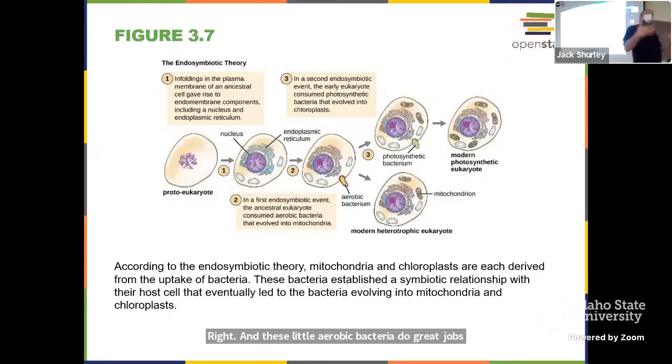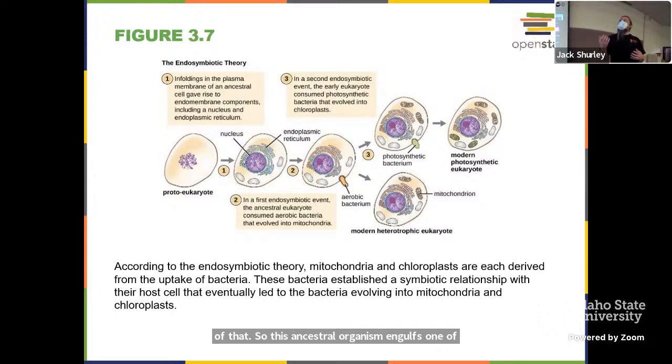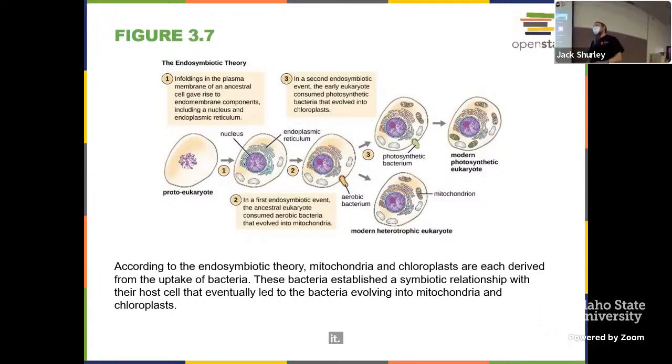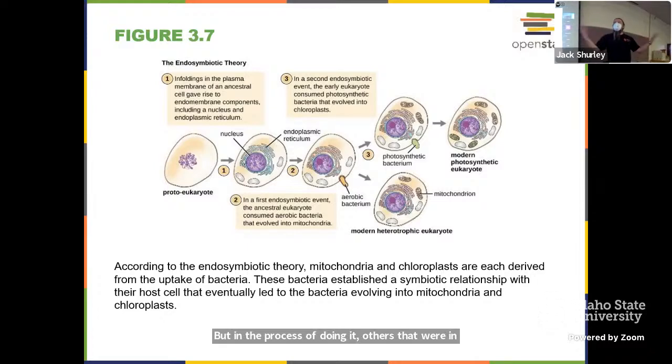So this ancestral organism engulfs one of these aerobic bacteria, and now all of a sudden you've got a little oxygen sink inside of your cell that's able to take in that oxygen and use it and produce copious amounts of energy, right? So now this cell, instead of feeding on these guys, and I'm sure some of them were consumed and they ate them, but in the process of doing it, others that were inside achieved a huge amount of energy for that cell.